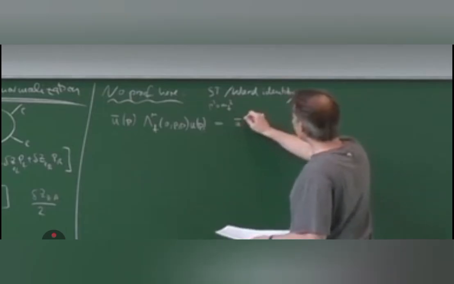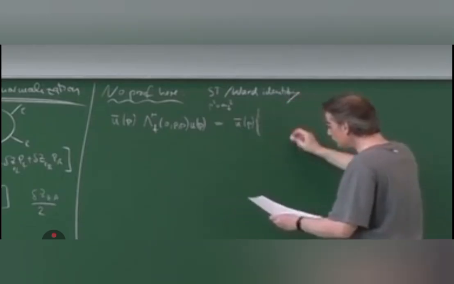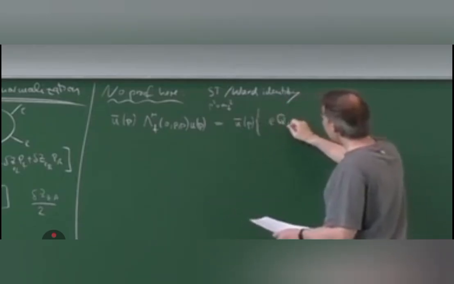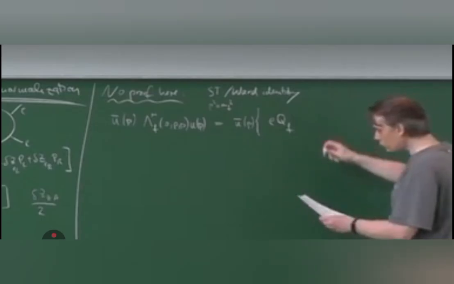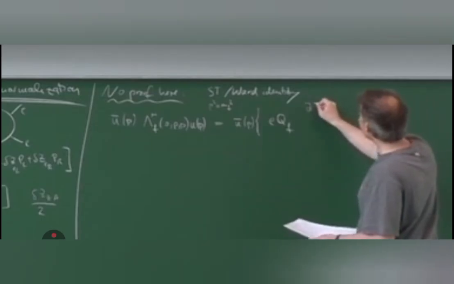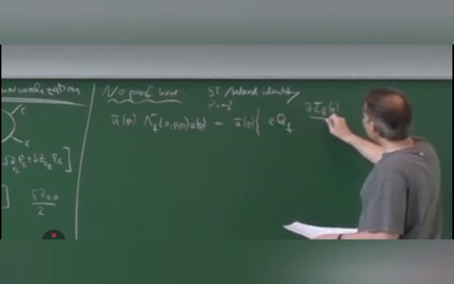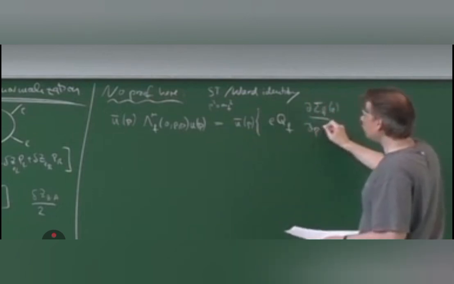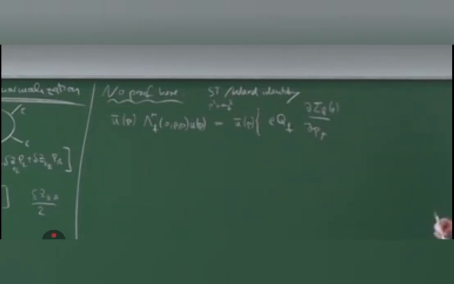It is the same as the same spinor u bar of p times the following: e times Q_F, so the QED charge, times the following derivative of the fermion self-energy of p, but first derivative with respect to p mu. So this is a derivative really with respect to the 4-vector p mu, which is different compared to the derivative with respect to p squared or p slash, but here we have p mu.